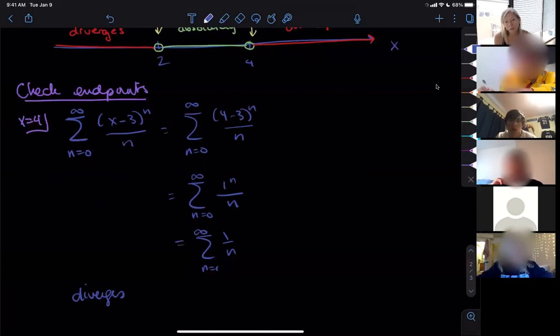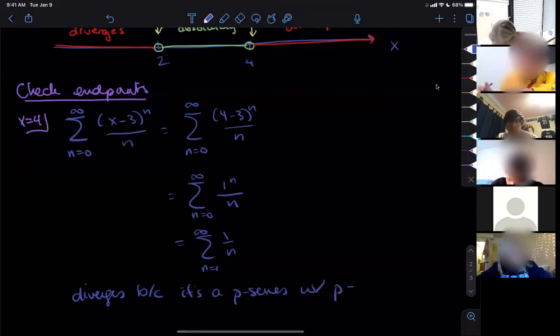It has to be p is greater than 1, and it's equal to 1, so it's going to diverge. Yeah, that's right. So it does diverge and it adds up to infinity, and our justification is that it's a p series with p equal to 1, and that's when it diverges.